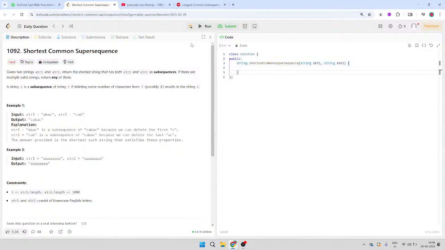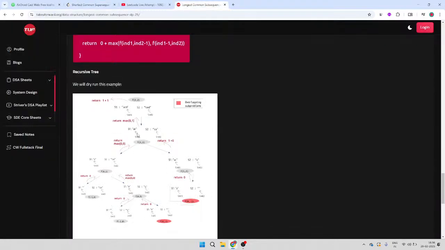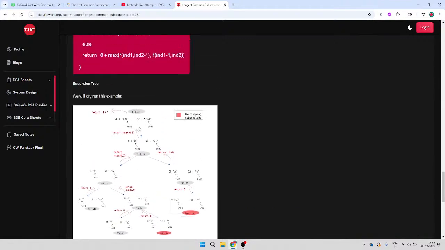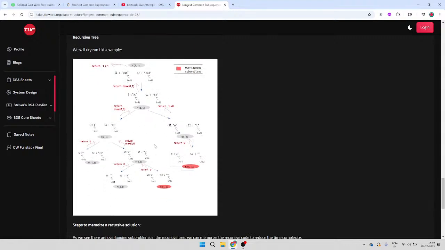Okay, so I haven't checked the solution. This is basically a revision of LCS, right? So that's how LCS works. Now the real problem stands at its own position. We have to solve it from the ground up. Basically, we have to apply this logic.